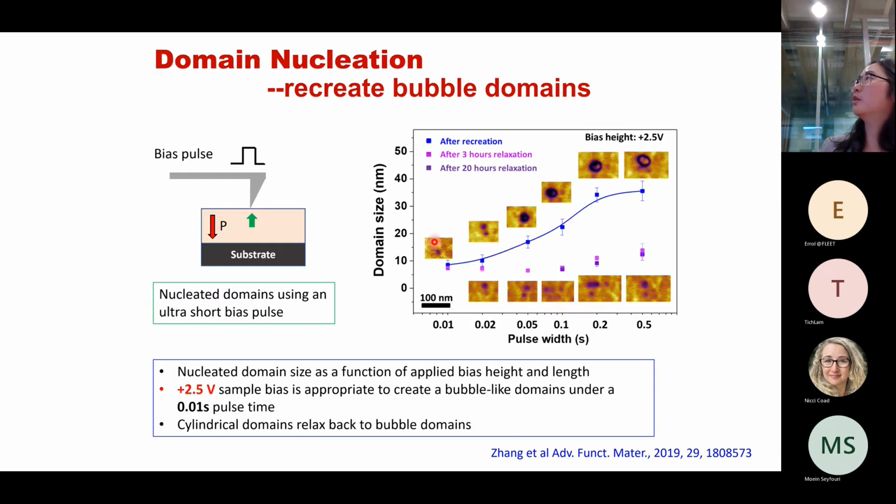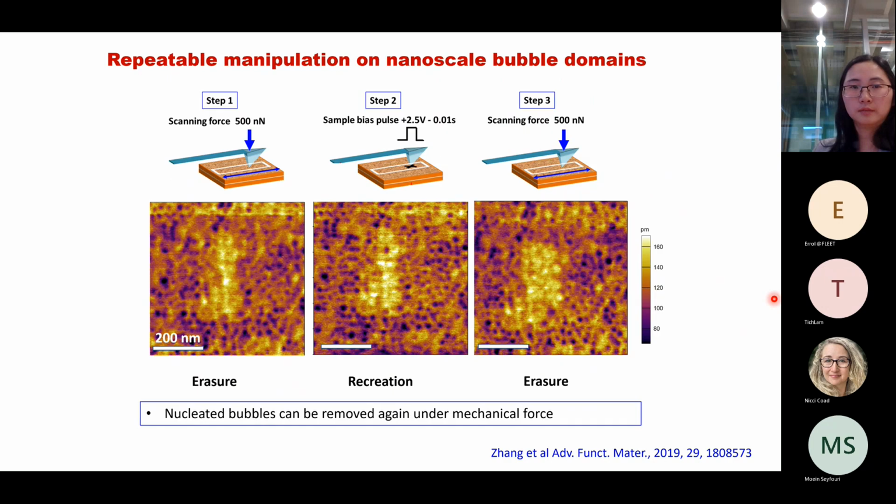And we can also recreate them by applying the bias pulse. This is what I introduced at the very beginning: with a really low pulse width, we can form these nanoscale bubble domains again. Okay. So this can be repeated, remove and recreate and remove again, which is also very good for device function.